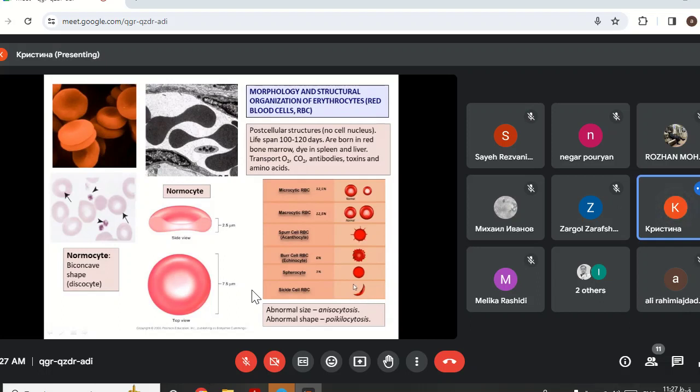Such sickle cells can be found in sickle cell disease only, so this is a really pathological condition. If a person has too high an amount of erythrocytes with abnormal size, it is called anisocytosis. If too many erythrocytes have abnormal shape, it is called poikilocytosis. Both conditions are features of some disease.